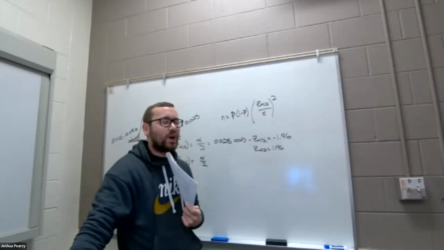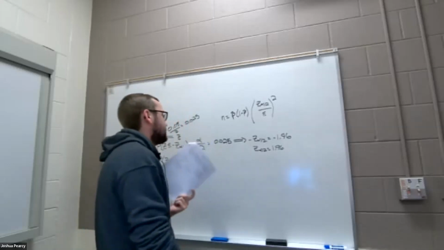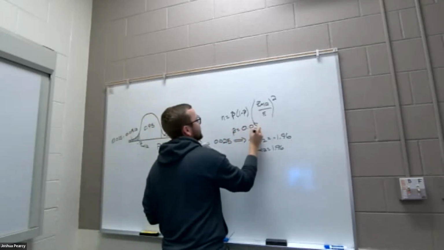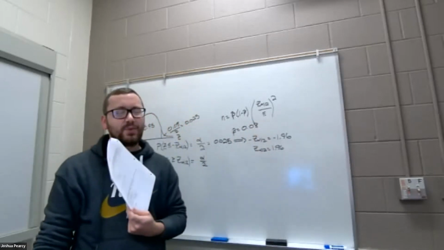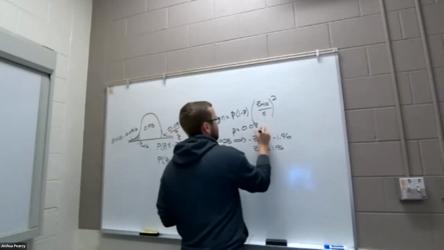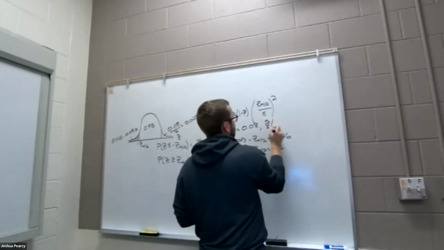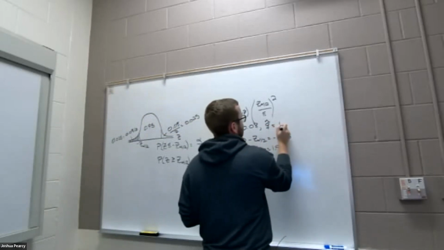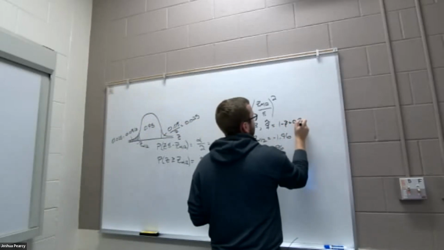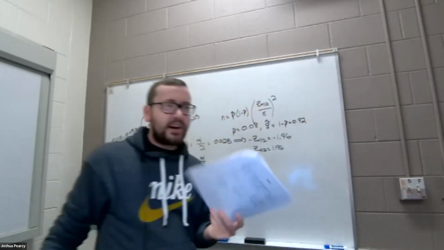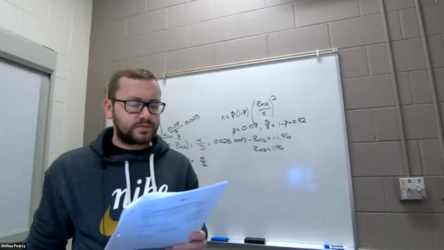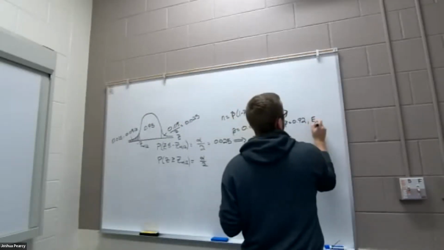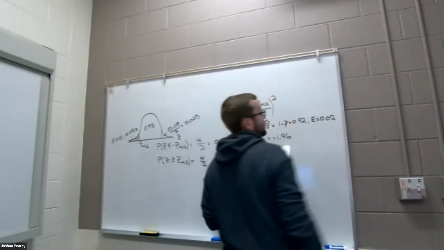So p hat is 8%, which is 0.08. Which implies that 1 minus p hat is 0.92. And what is the error we want to be within? Within 2% of the true proportion. So that means that E is 2% as a decimal, 0.02.